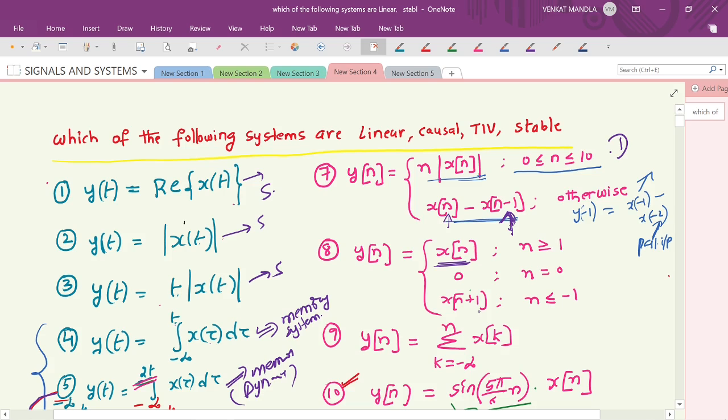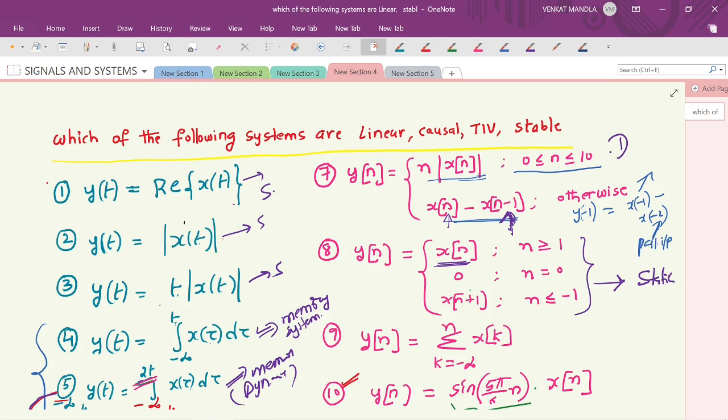So the system is not depending on past inputs, so there is no memory, right? So that is static. If it has to depend on past inputs, then the system is dynamic. That is memory.